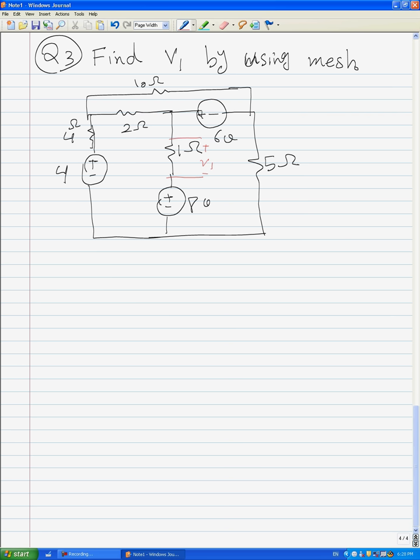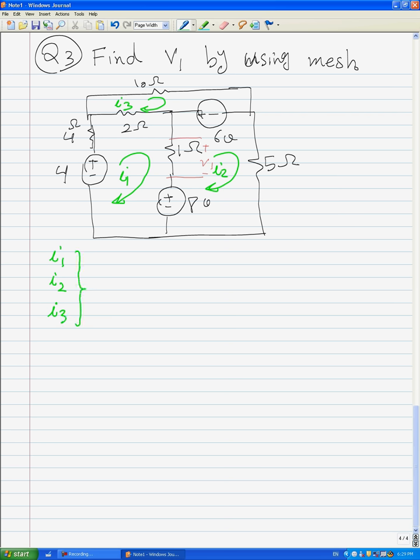Another important key for this circuit is to investigate how many unknowns we have. For this circuit, if we define this mesh for I1, this mesh for I2, and this mesh for I3, we only have 3 unknowns, I1, I2, and I3.